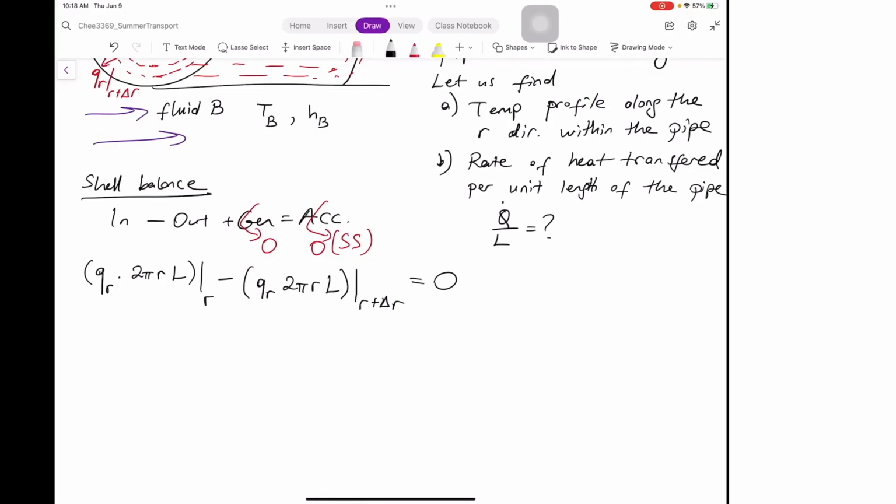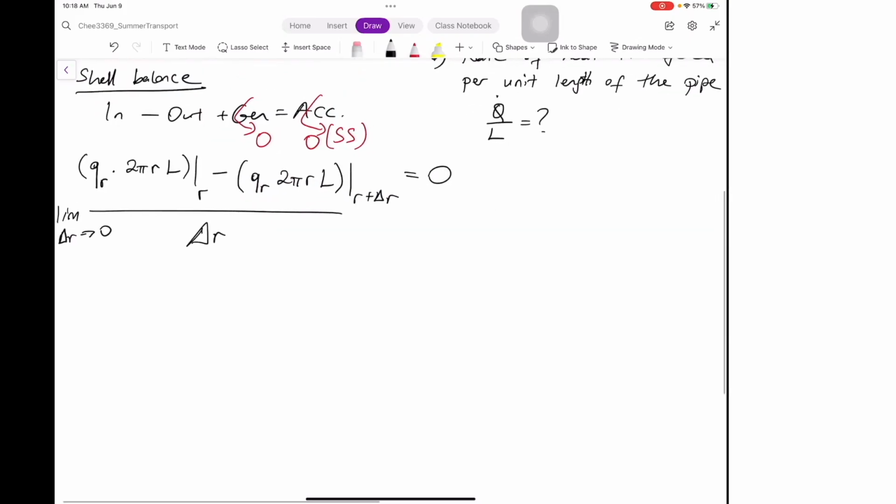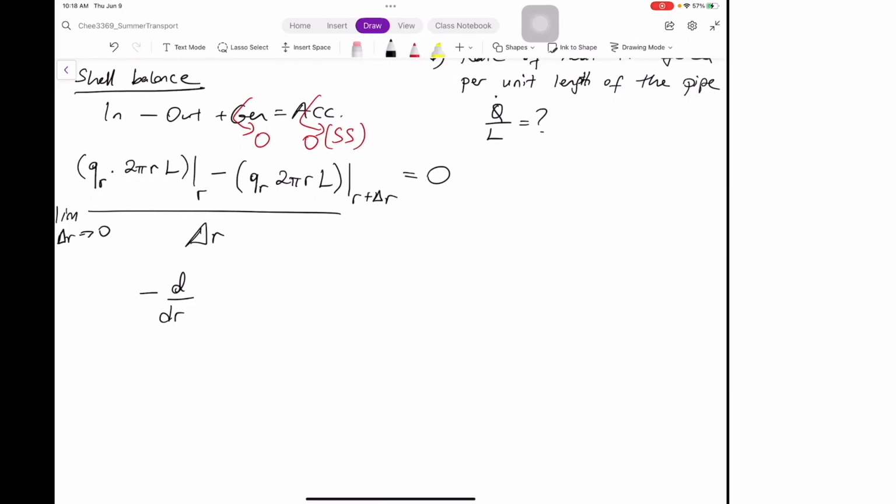Now, if you divide by delta R and take the limit as delta R goes to 0, you find the following: minus the derivative of Q_r 2 pi R L is equal to 0. Well, the 2 pi and L are constant, but R is not.